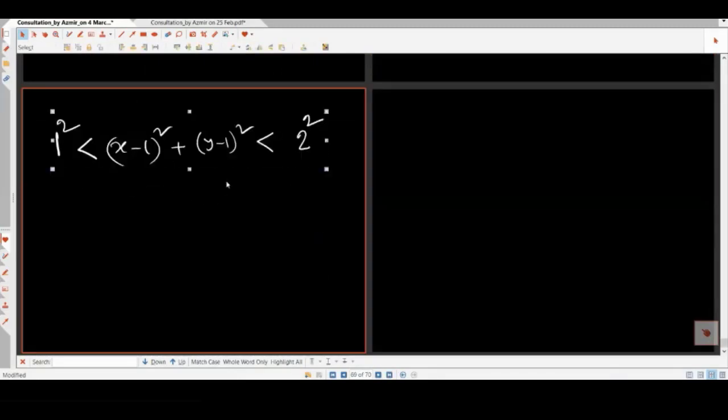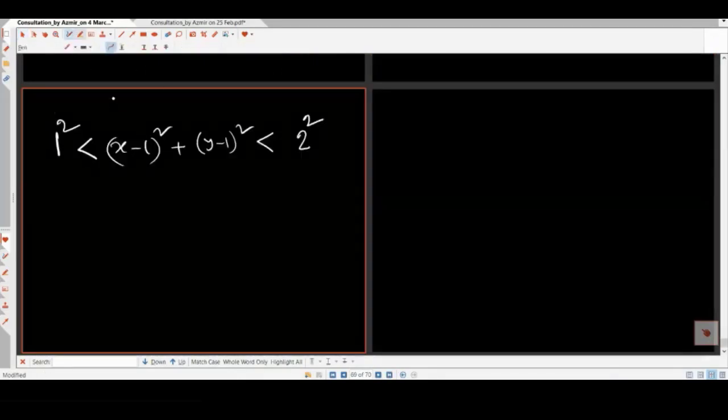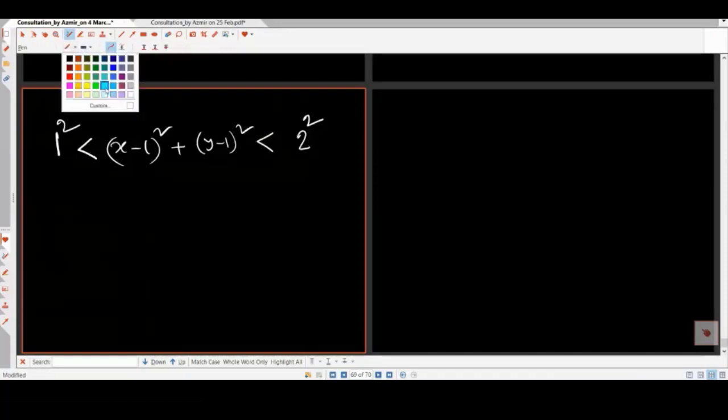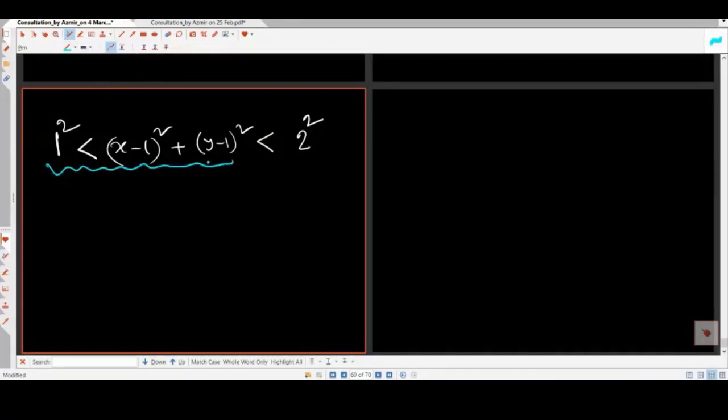Now we have to understand what it means. We can see 2 inequalities here, the first one and the second one. So let us subdivide. For the first, we can write (x − 1) squared plus (y − 1) squared greater than 1 squared.